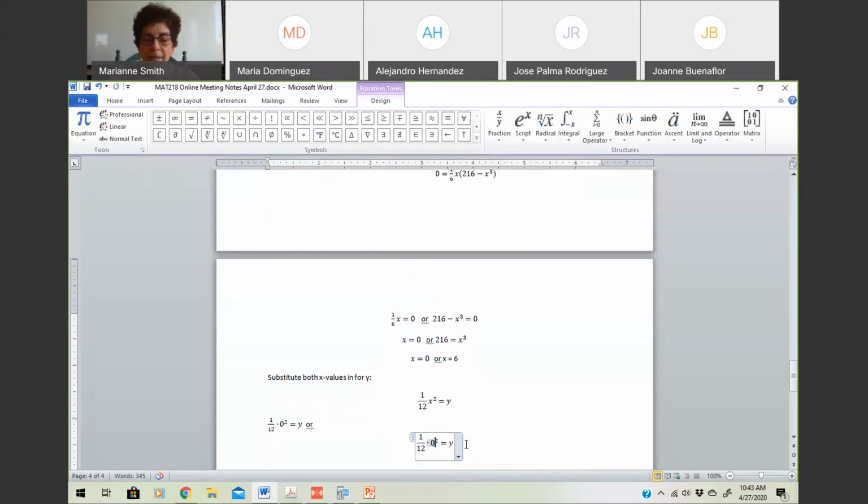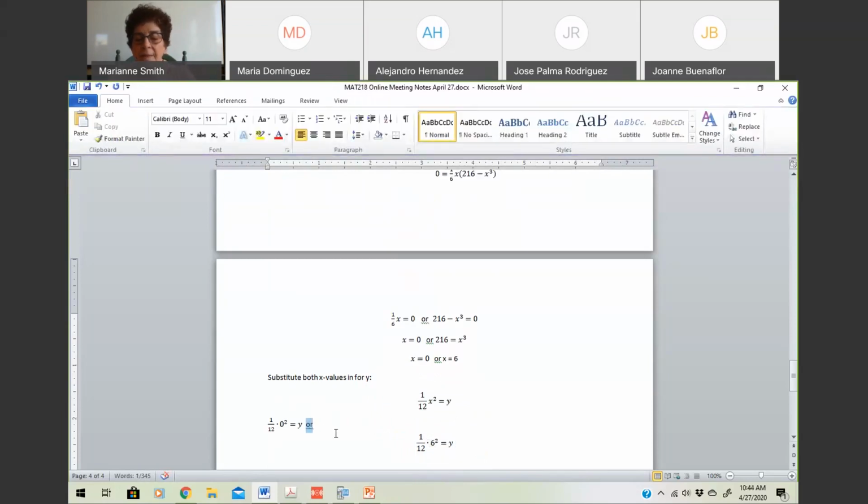So 6 squared is 36. 36 divided by 12 gives me 3. So I have that. Here's my second equation. I want to say or y equals 0, and here I have y. Everybody okay with this? I'm just substituting back.